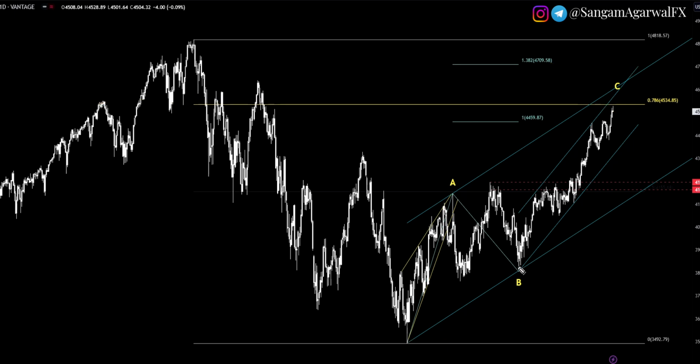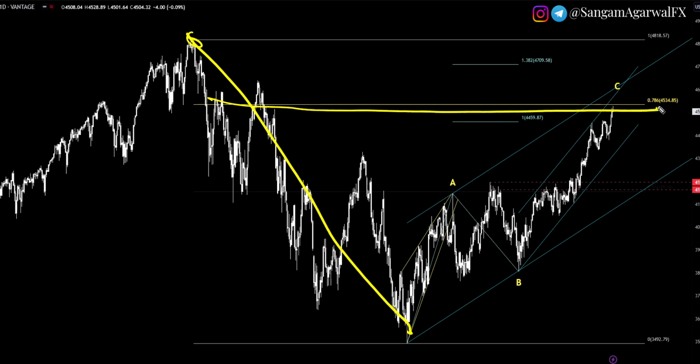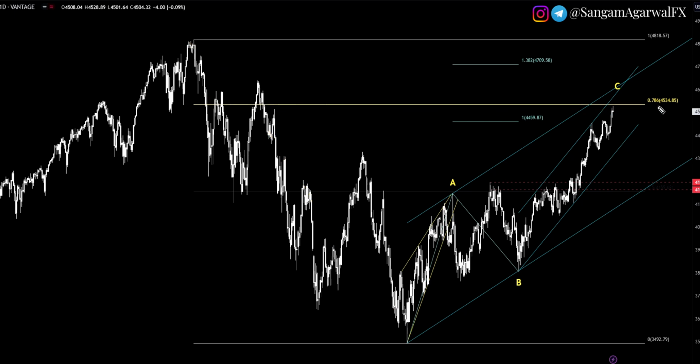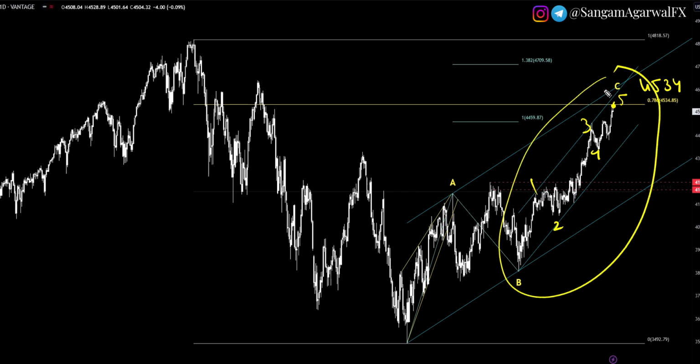So technically wave C 100% projection level is broken, and if you do wave counting from top, then 78% retracement at 45.34 is your resistance level, and you can say this is 135 impulsive wave, the extension of wave C.